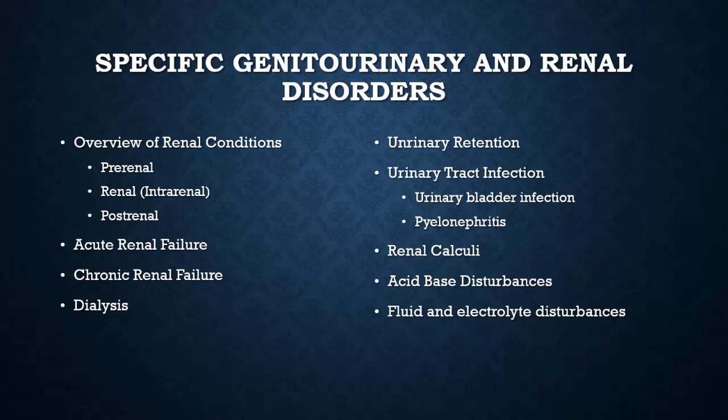We will also discuss dialysis, urinary retention, urinary tract infection, renal calculi, acid-base disturbances, fluid and electrolyte disturbances. Other topics that will be discussed during this time is a brief discussion on the male genitourinary system and disorders and injury that could occur with that.